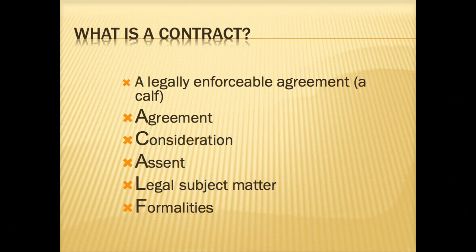And that refers to the genuine agreement to the terms of the contract. L is legal subject matter, and the F is formalities. And we'll go through these, and we actually cover these during the course of all the contracts chapters, but I know for me sometimes it helps me to have something to hold on to as I'm trying to remember the different components. So we have a calf.